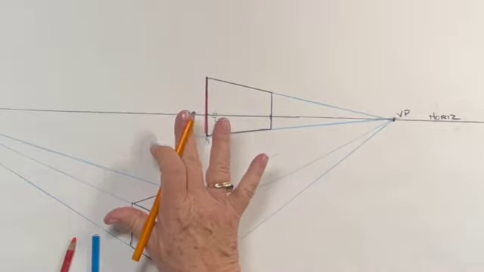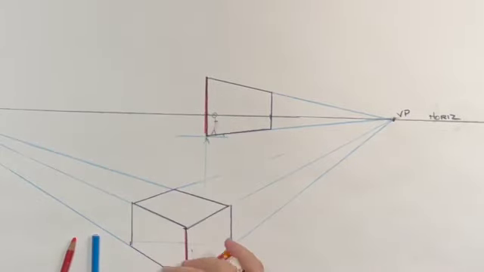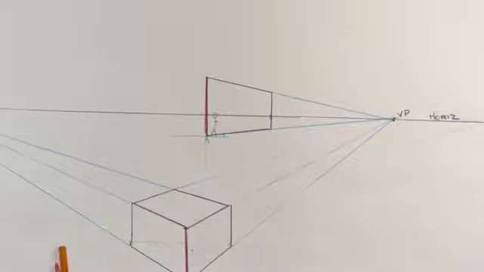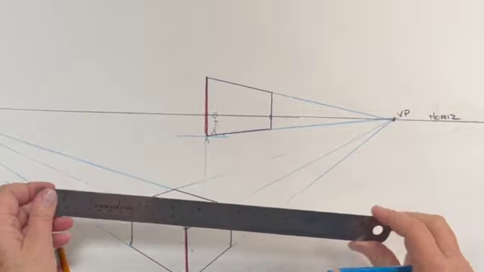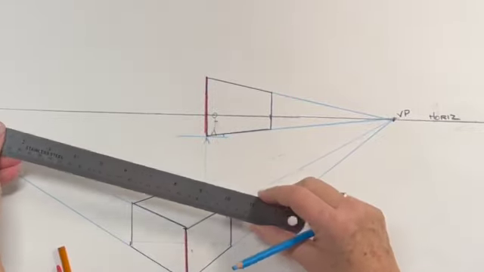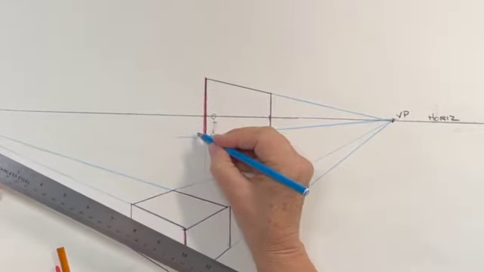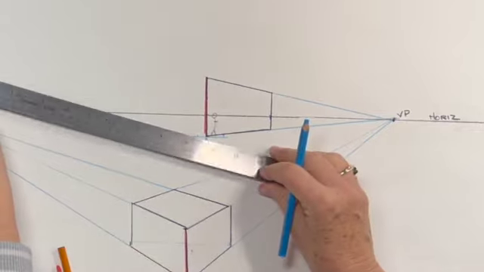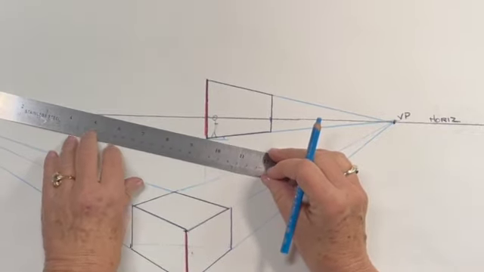Now we do the same on the other side of the house. This one maybe goes off even less, and I'm going to go to a different vanishing point here. I am going to say that it is about 10 degrees, just a little bit of a nodding over here.